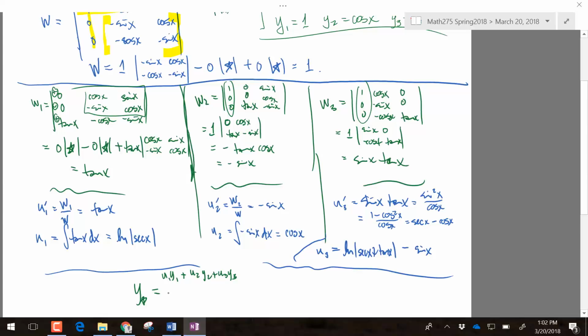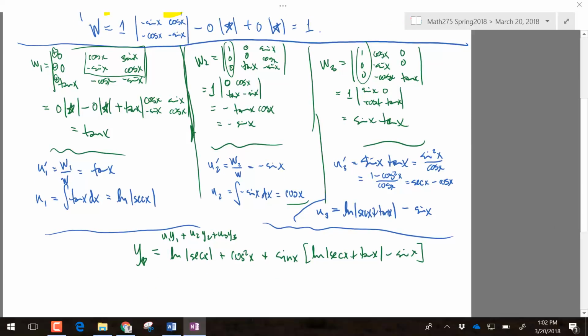So it'll be 1 times ln of secant x plus cosine times cosine, because we have a cosine for u2 and we have a cosine for y2. And then here we have sine x times ln of secant x plus tan x minus sine x. And people sometimes put this together and say, oh, that's a negative.